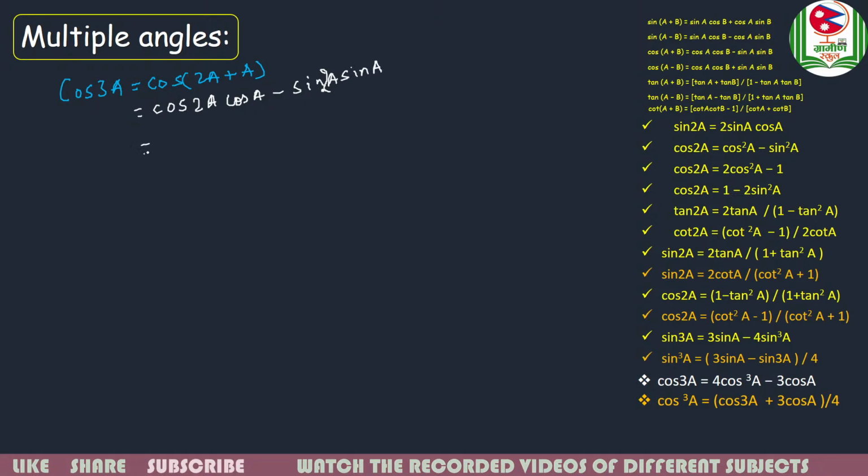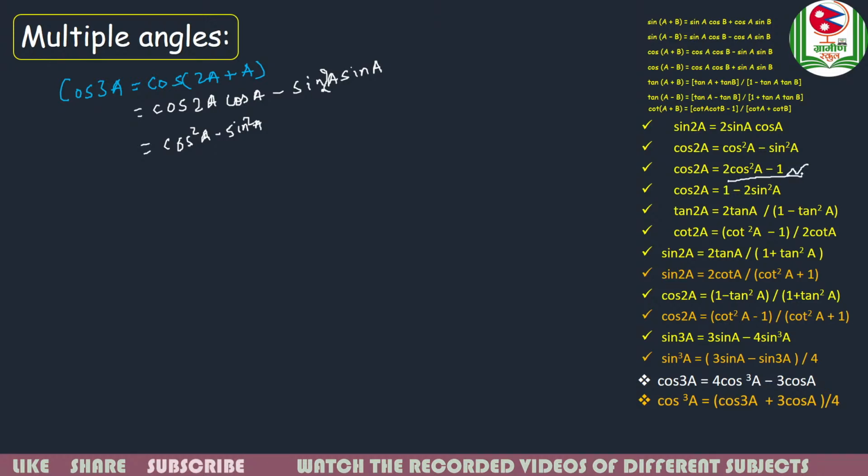Okay, so cos 2A can be written as what? In cos 3A, we will express each sin in the form of cos. So cos 2A can be written as cos square A minus sin square A. This is one way. Or we can replace this cos 2A using the formula cos 2A equals 2 cos square A minus 1.